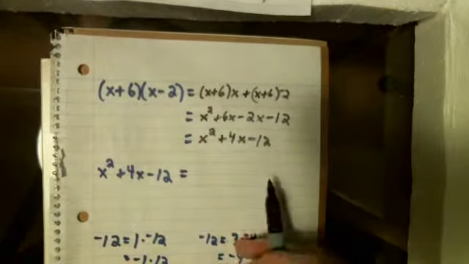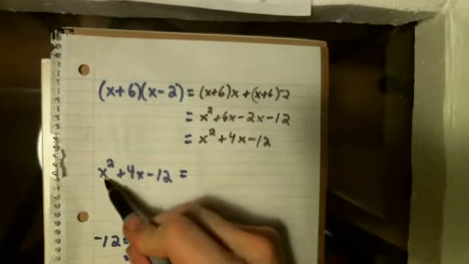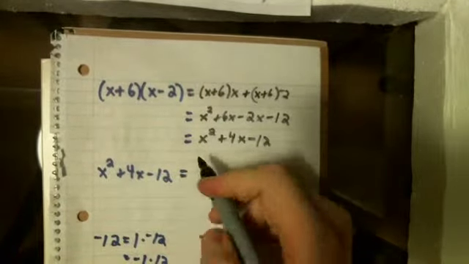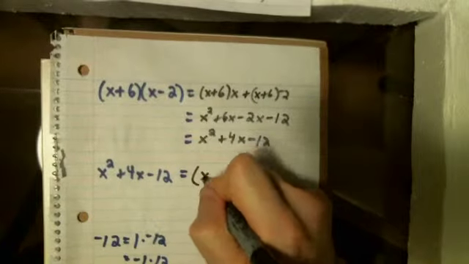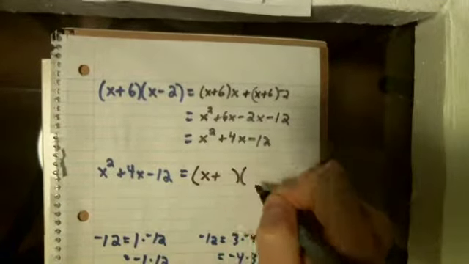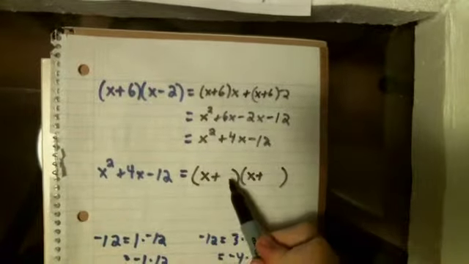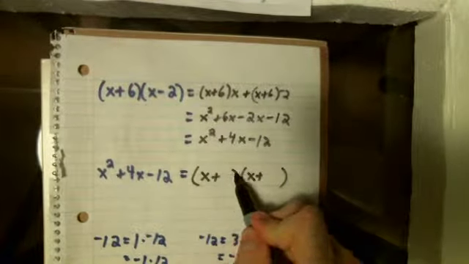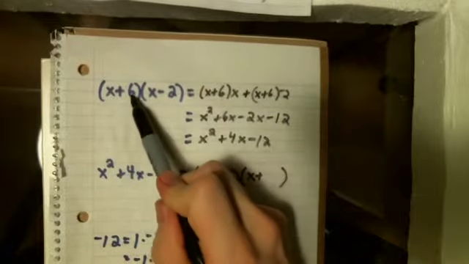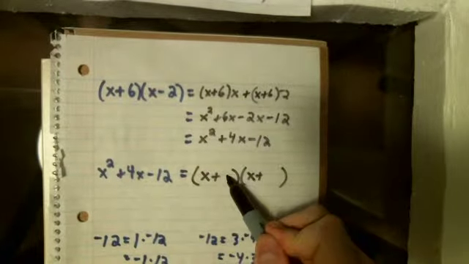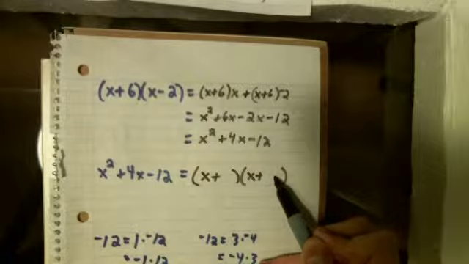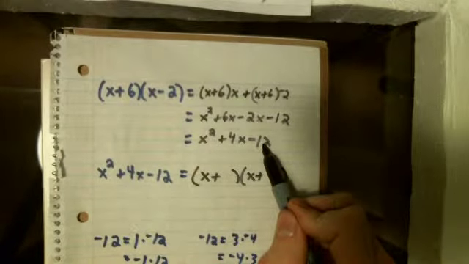Okay, so the process is this. If we wanted to write x squared plus 4x minus 12 as x plus some number times x plus some other number, well, we know a lot of facts about these numbers. Whatever number goes here times whatever number goes here would have to equal negative 12.